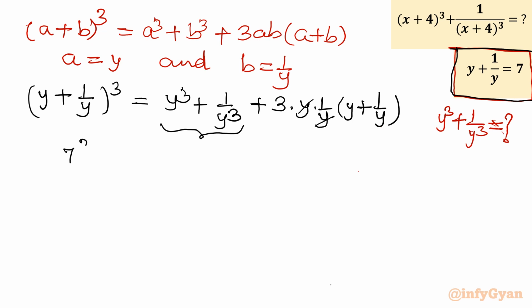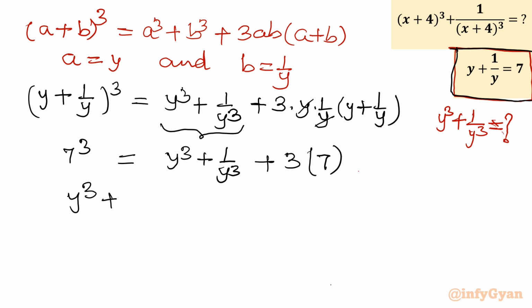This will become 7 cube equal to y cube plus 1 over y cube plus 3 times y plus 1 over y, that is again 7. So our required expression y cube plus 1 over y cube would be equal to 7 cube minus 3 times 7.